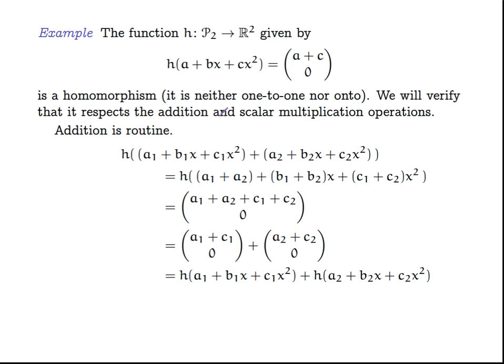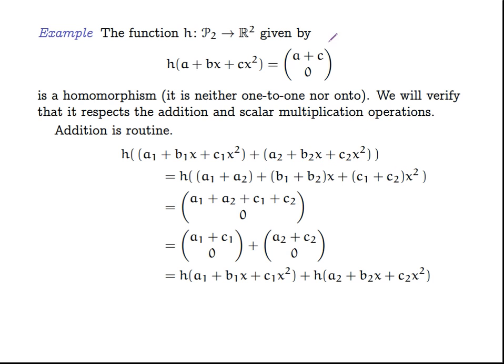So let's see how that works. All right, so here you're showing that h of the sum of two polynomials is going to be h of one polynomial plus h of the other polynomial. We'll see how that works out. All right, so h of the sum of two polynomials you can rearrange using the commutative and associative properties. Then you have a polynomial that looks like this. a1 plus a2 is the constant term, b1 plus b2 is the x term, c1 plus c2 is the x squared term.